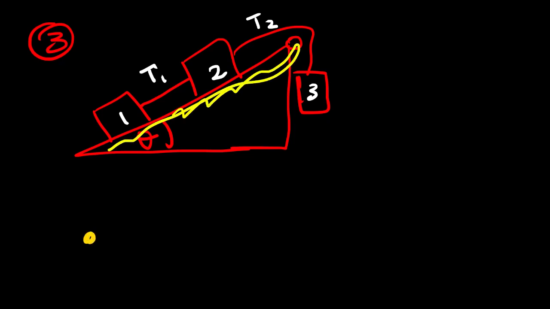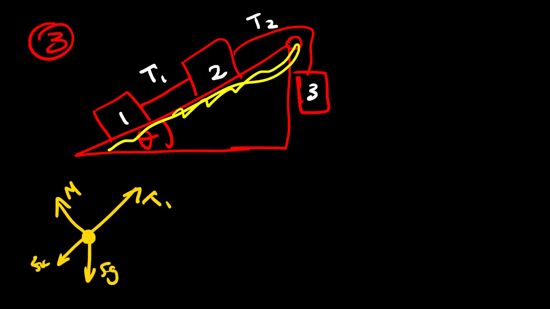Looking at the free body diagram of 1, we are going to have something like this, which is T1, it's moving due to T1, then we have FK, we have FG.